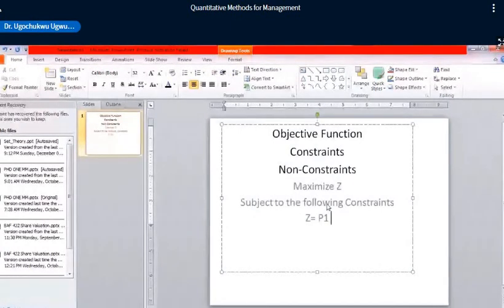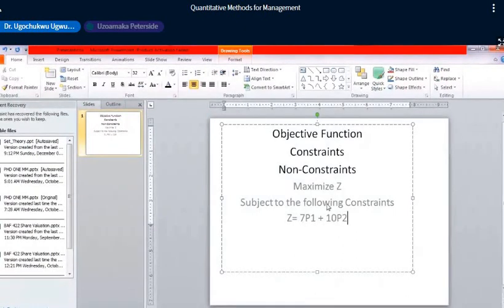The maximum price at which you can sell P1 to realize your profit is 7. For P2, the maximum price you can sell is 10.